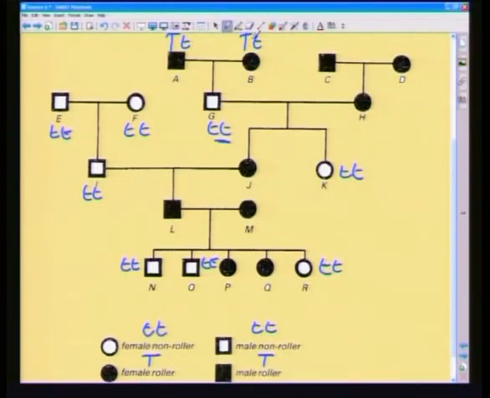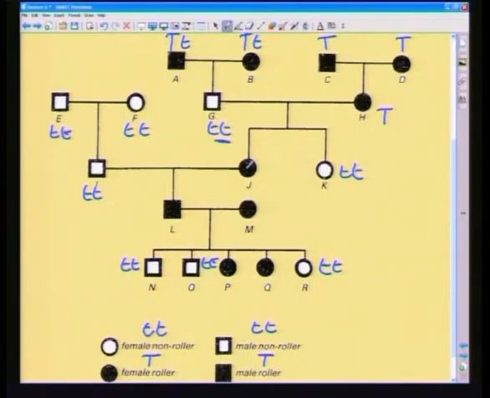So for C, D, and H, well, they produce an offspring that is able to roll their tongue. So we do know that they must have the dominant gene, otherwise they would not be able to roll their tongue. Now let's have a look. These 2, G and H, produce 2 babies.